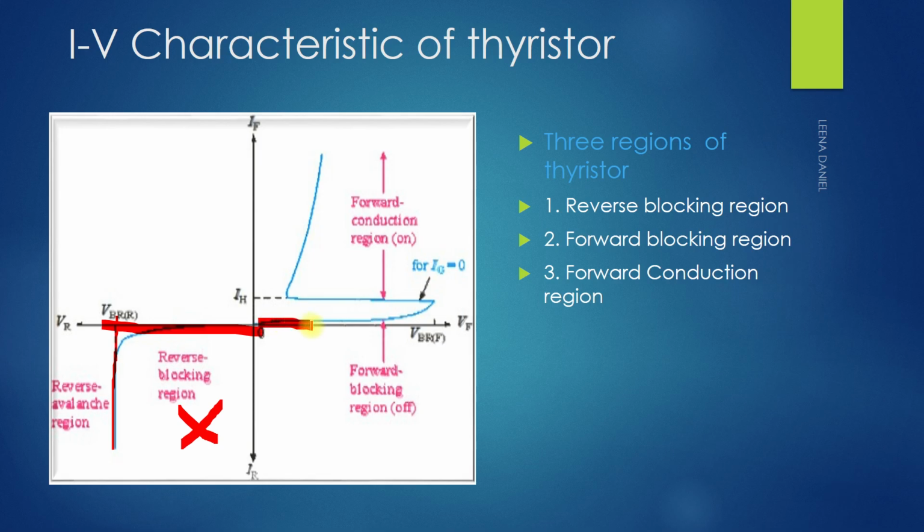The thyristor will not operate when connected in forward bias until a certain level of voltage is applied across it. So in this region from 0 to this point F, the thyristor is connected in forward bias but not conducting. So this region is called the forward blocking region or forward blocking mode.